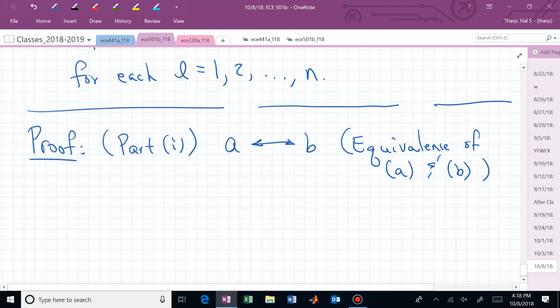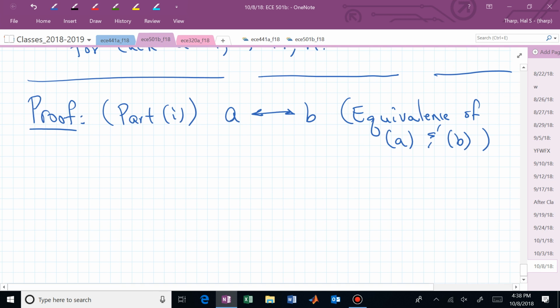In the book, I think they basically say it's obvious that this is true. That's their proof. So let's step through and discuss that. In part one, we're going to show that A is equivalent to B. And then in part two of the proof, we'll show that B is equivalent to C. And that basically covers our base.